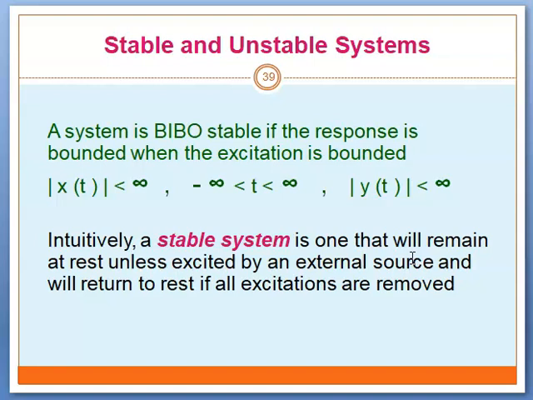A system is BIBO stable if the response is bounded when the excitation is bounded, provided that your x(t) is less than infinity and your y(t) is less than infinity. Intuitively, a stable system is one that will remain at rest unless excited by an external source, and will return to rest if all excitation is removed.